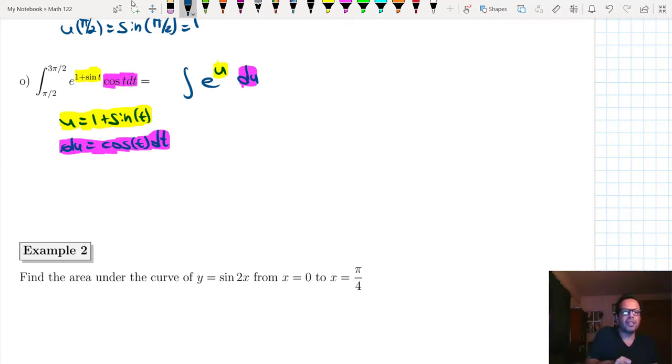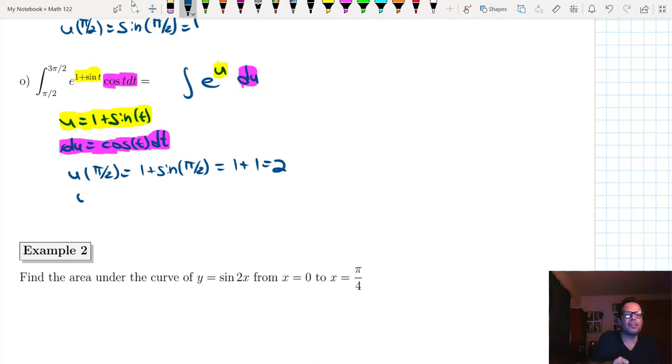Now let's change the limits. u of the lower limit, which is u of pi over 2, equals 1 plus sine of pi over 2. And what do we know about pi over 2? Sine of pi over 2 is 1. So 1 plus 1 gives us 2.